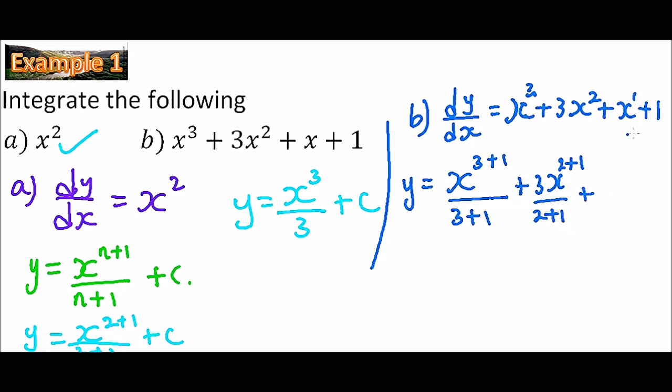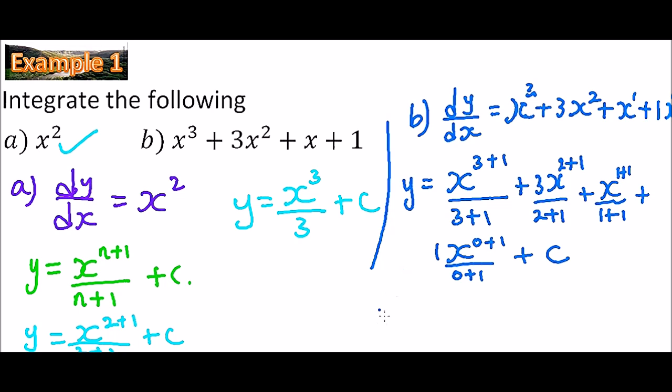this is x to power 1, so it will be x to the power 1 plus 1 divided by 1 plus 1, plus. Here, when it is 1, it means x is to power 0, which is the same as 1. So we get plus x, that is 1x to the power 0 plus 1 divided by 0 plus 1, then finally we add the arbitrary constant.